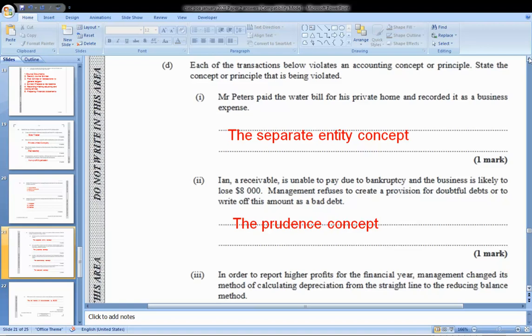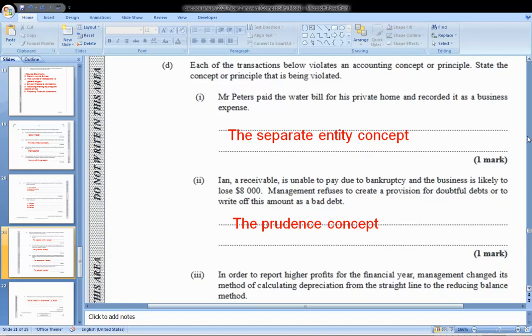We know that's the separate entity concept. 2. A receivable is unable to pay due to bankruptcy and the business is likely to lose $8,000. Management refuses to create a provision for doubtful debts or to write off this amount as a bad debt. What's the concept? It's the prudence concept.